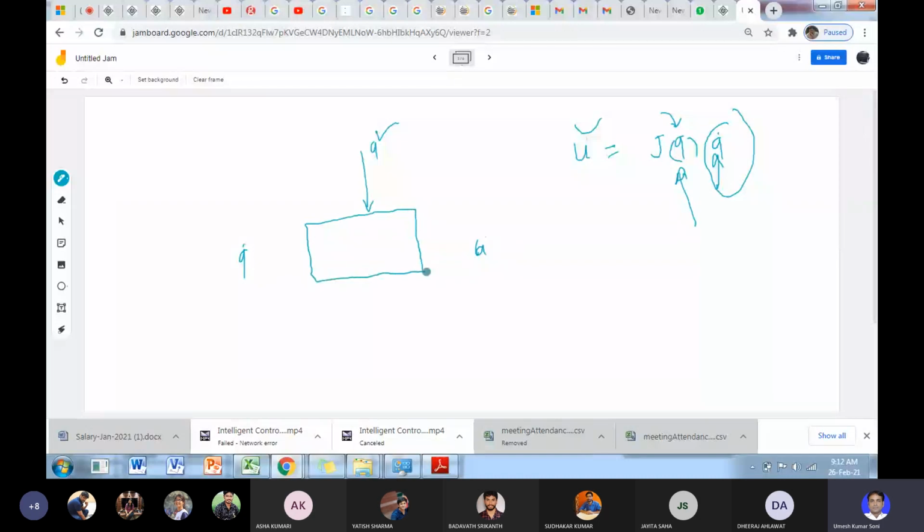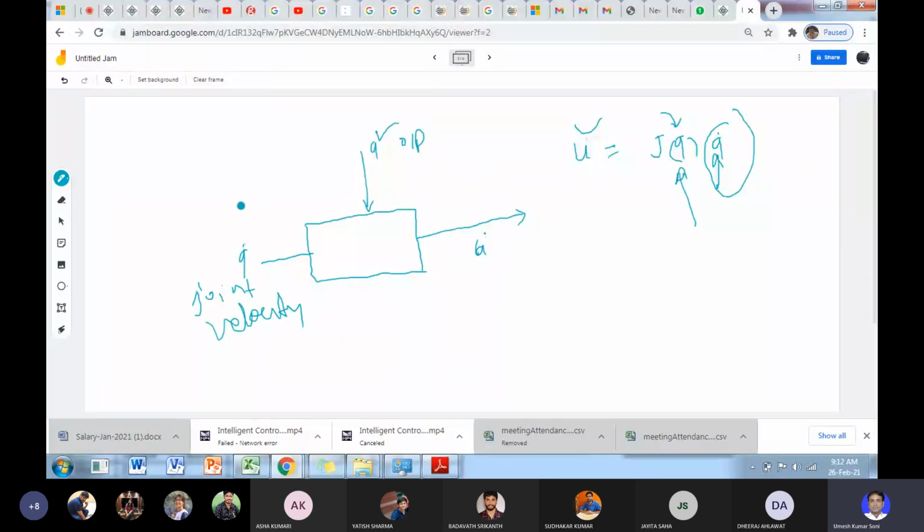So what is the overall block diagram? This is the overall block diagram. This is the derivative, this is the joint velocity, and this is the operating point.